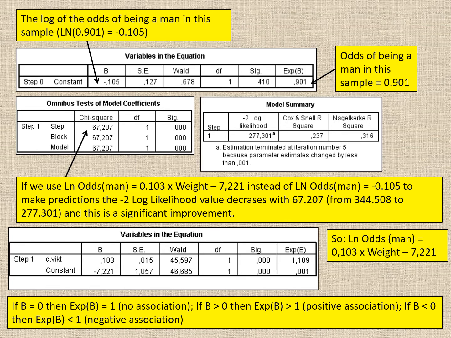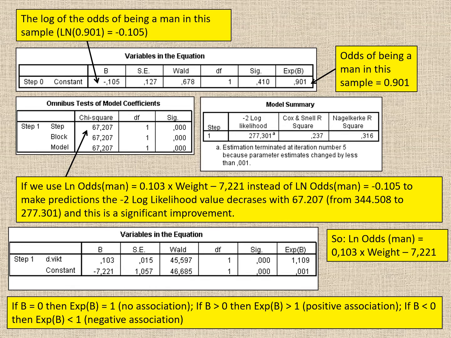Yes, the odds of being a man increases. If you want to be more exact and use this specific number, 0.103: if weight increases by 1 kilo, the natural logarithm of the odds of being a man increases by 0.103.